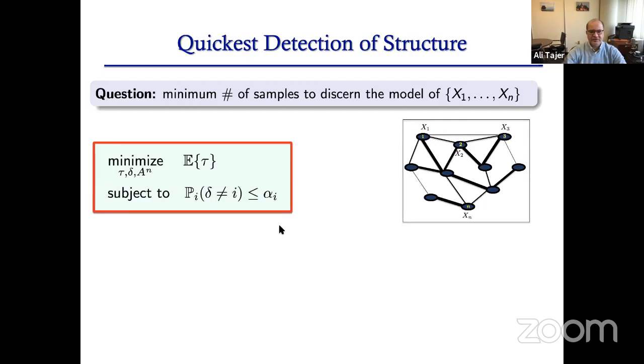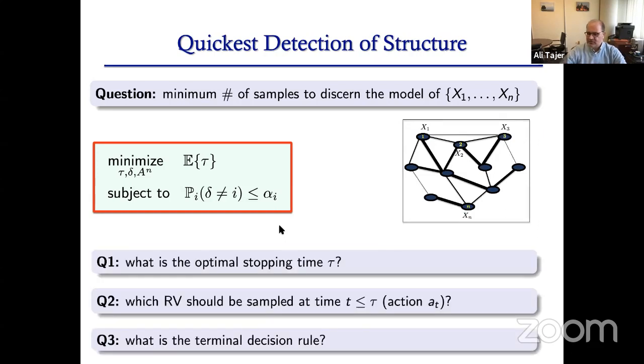The formulation is minimizing the average number of samples required while controlling the error rates, with the minimization over all the stopping times, all the decision rules, and all the actions, which are the sampling decisions over time.